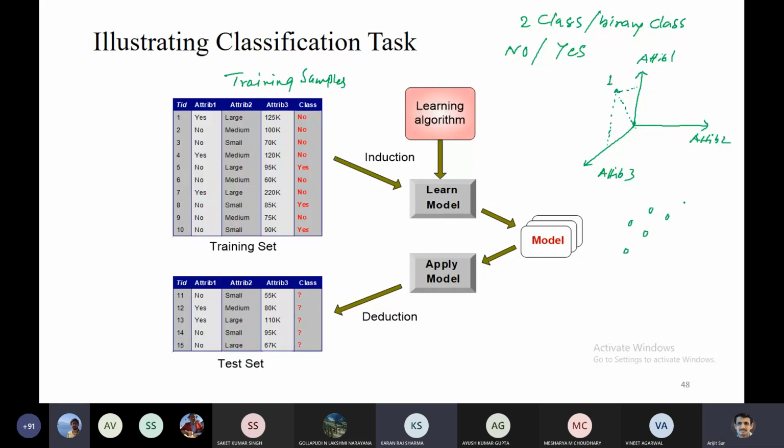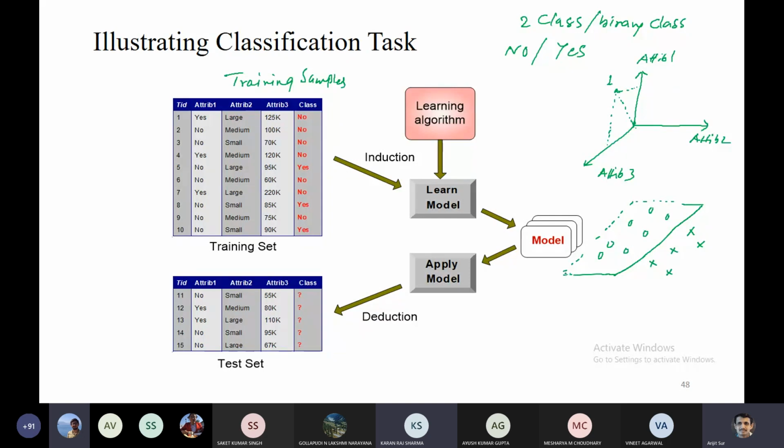So here a kind of plane is there, and that plane is basically separating them out.